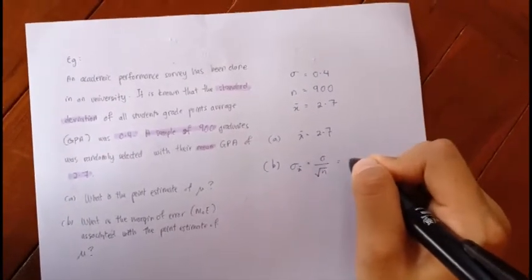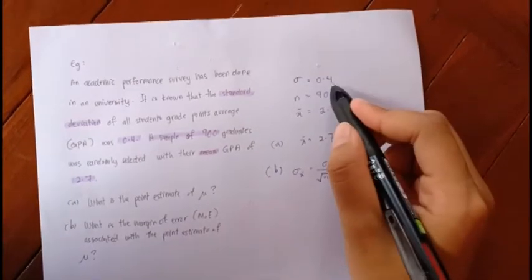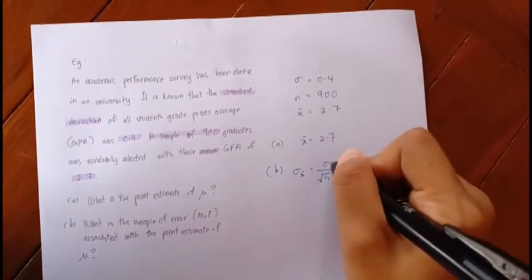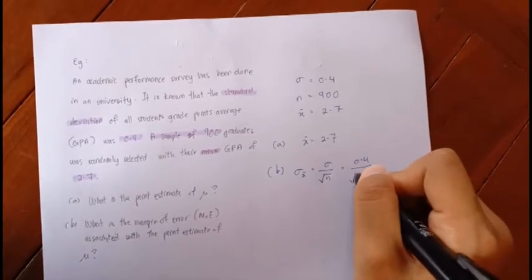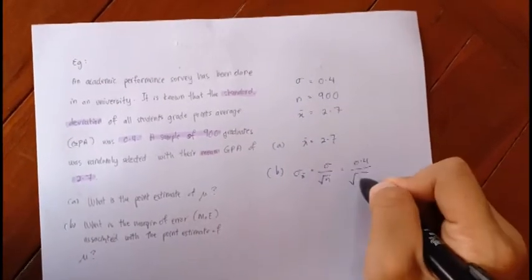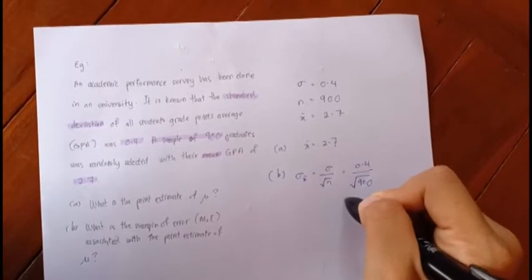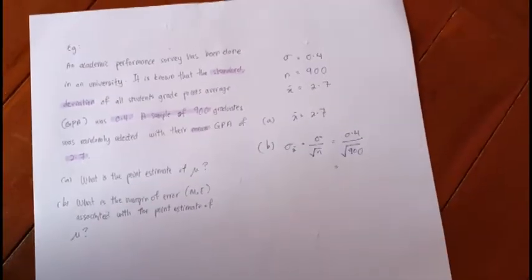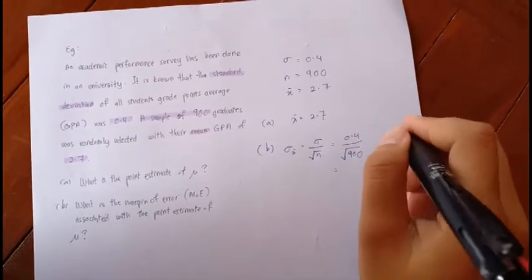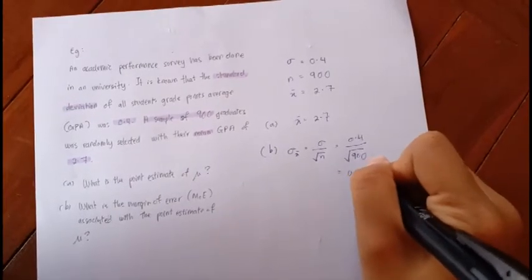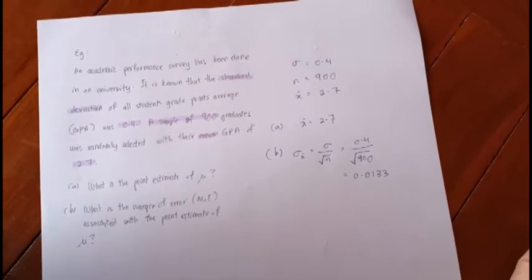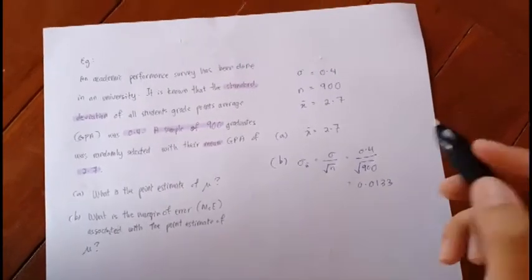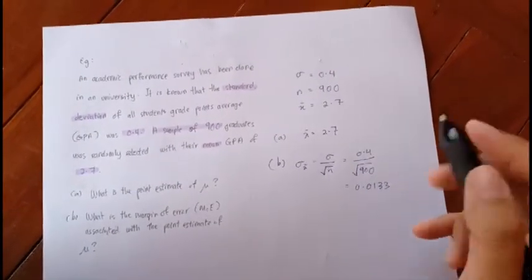So this equals the value we have taken out, 0.4, over the square root of the sample size 900, equals... You got it? But this is not the margin of error yet.